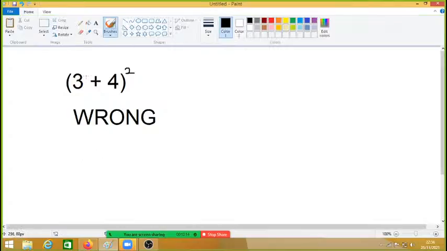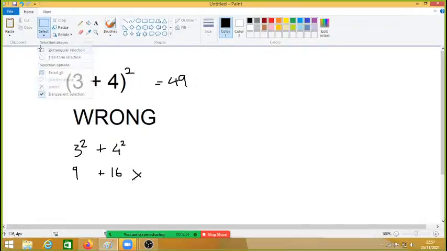You can't just do 3 plus 4 in brackets squared is equal to 3 squared plus 4 squared. That's not going to give you the right answer. And just to prove it, 3 plus 4 is 7, and 7 squared, as you know, is 49. So the correct answer to this is 49. But if you do it the wrong way, 3 squared is 9, and 4 squared is 16, and 9 add 16 does not make 49. So that method is wrong.